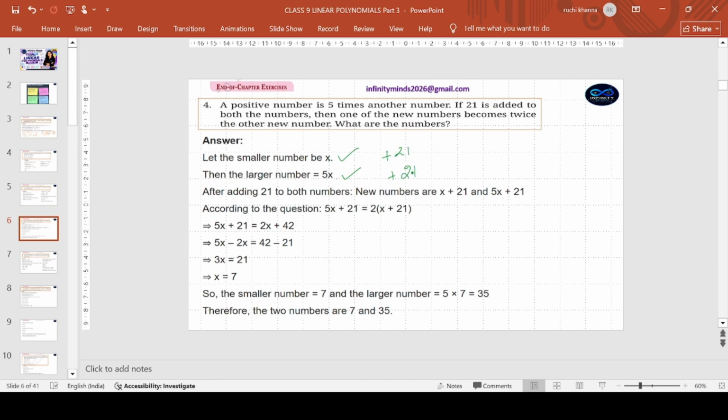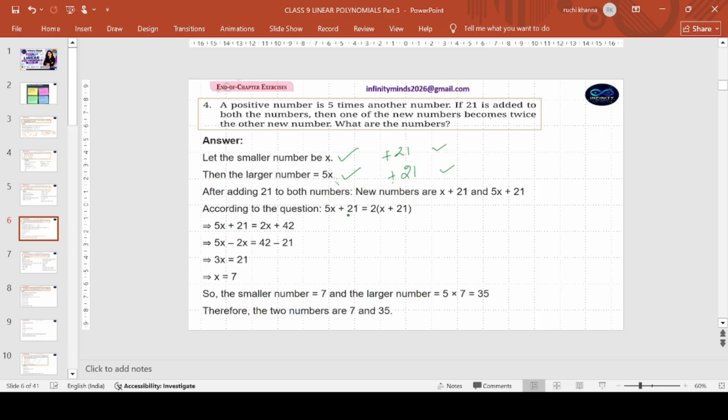This is like that Salil and her mother's question, that after 5 years the ages. So both are increasing by 21. One is 5 times the other. That same was given in the form of age questions. That mother is 3 times the son. Now one number is 5 times. If you add 21 to both, then one of the new numbers becomes twice the other new number, because now the numbers would be considered new.